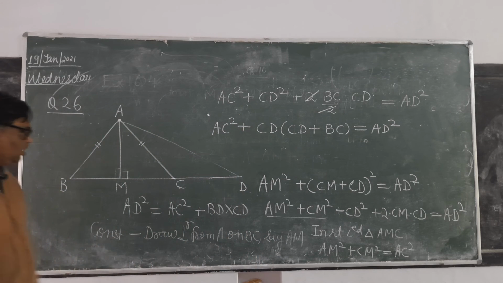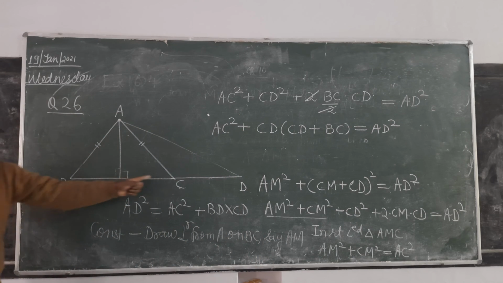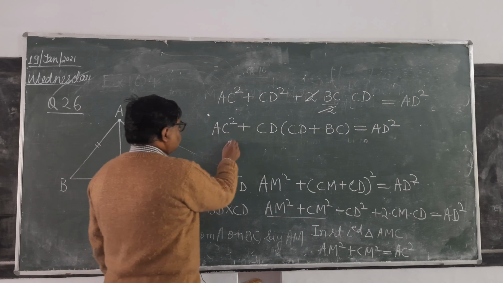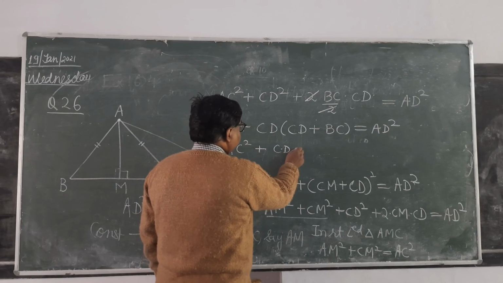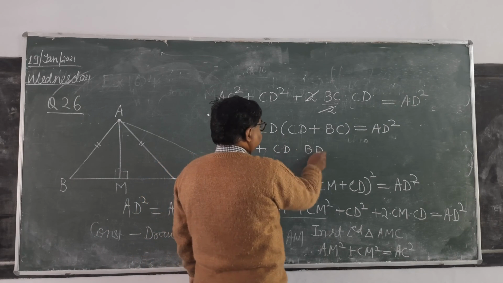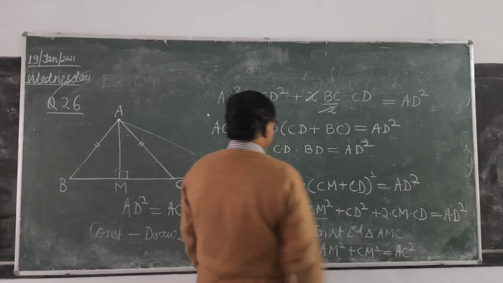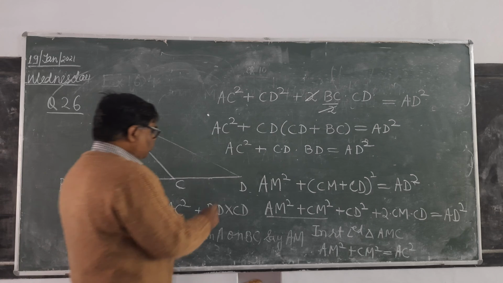Now what is CD plus BC? CD is that much, BC is this. It will be equal to what? BD. It will be equal to BD. So AC square plus CD into BD equals to AD square. It's clear? So you can see here, it is proved.